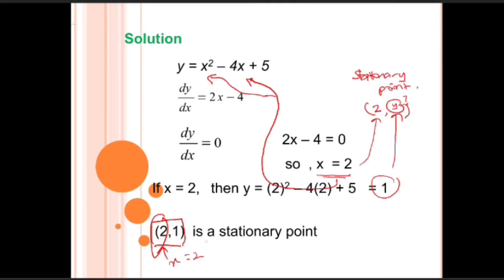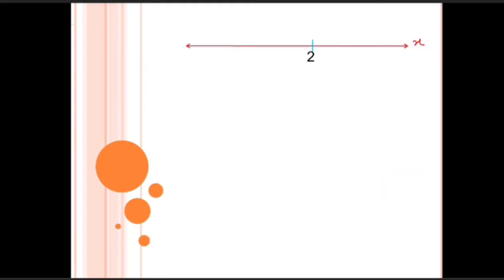And our coordinate that we are looking at here is 2. So plot 2 at the x-axis. Next, label on the right side of this number line refers to the value of x bigger than 2. On the left side of this 2 means that it's the value of x less than 2.